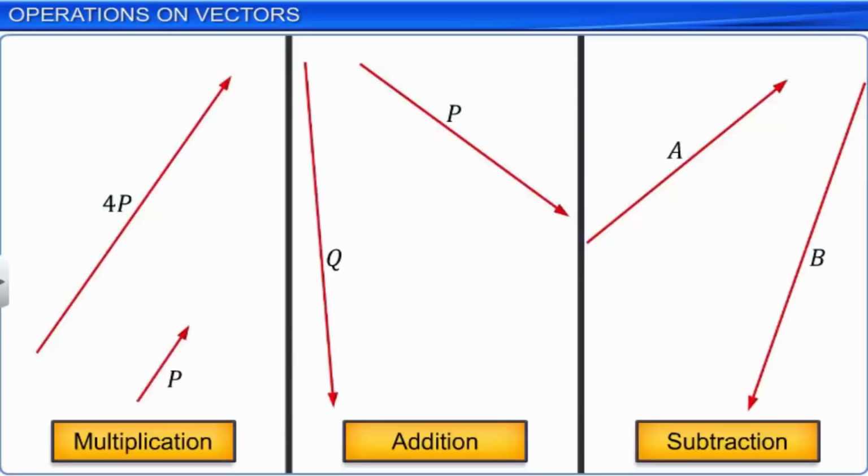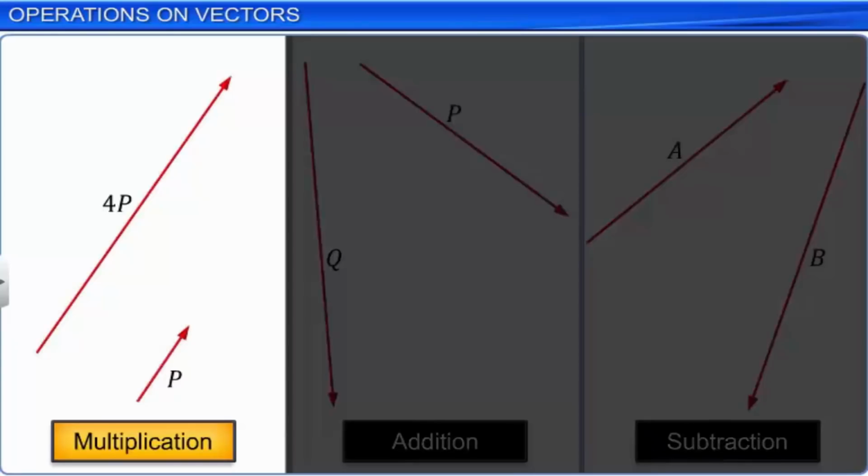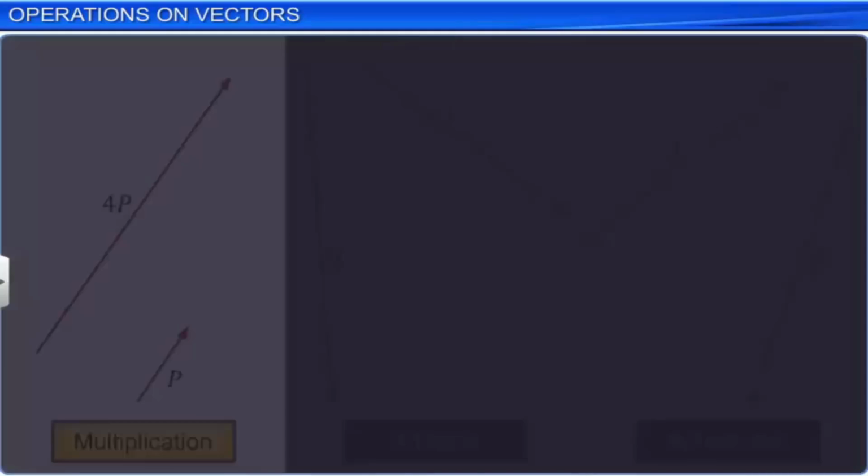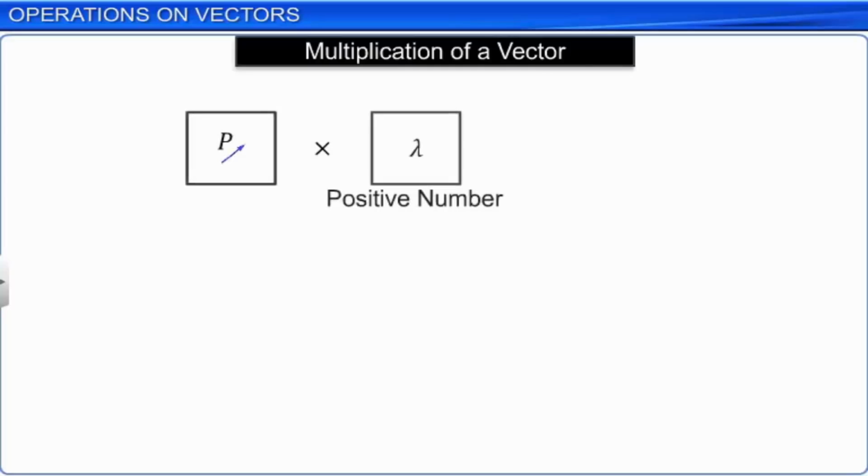First, let's start with multiplication of a vector with a real number. When you multiply a vector p with a positive number lambda, you get a vector whose magnitude is changed by the factor lambda. The direction remains the same as that of p.